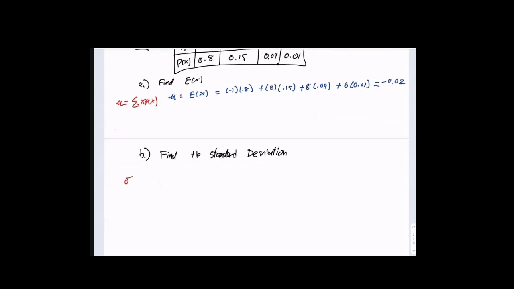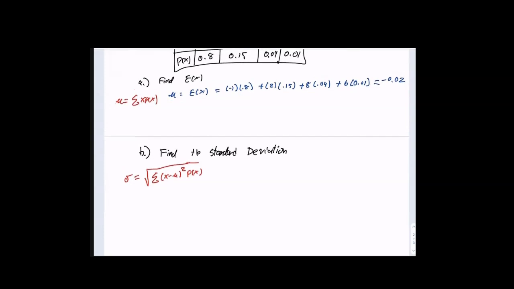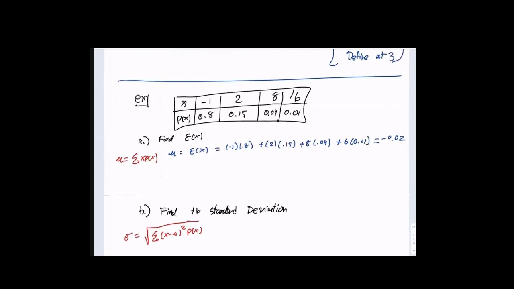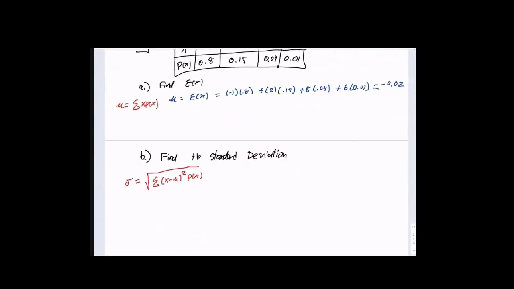And the standard deviation is the square root of the summation of x minus the mean, squared, times p of x. We're going to see how this formula actually works. Basically that's the only new thing you're doing. You're given this formula. They give it to you on the exam, no matter if it's open notes or not. So you're just going to plug in the information that we found in part A.